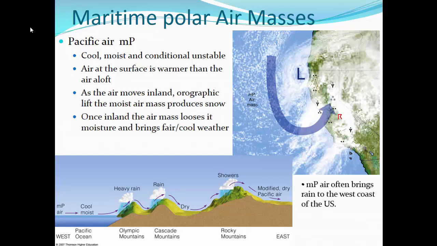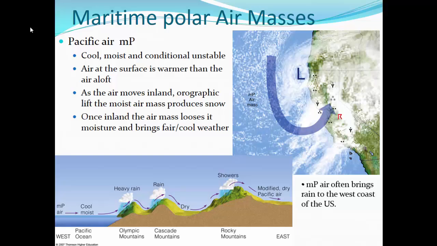Air at the surface is warmer than the air aloft, and again, that means a little bit of upward motion. As the air moves inland, orographic lift, or lift over topography, lifts the moist air and produces snowfall. And then once inland, the air mass loses its moisture and brings fair and cool weather to the interior parts of North America.